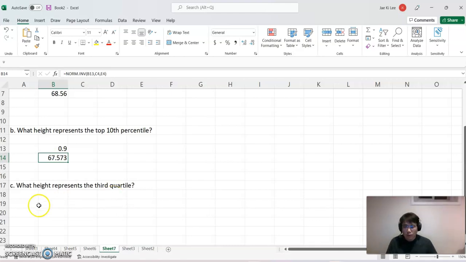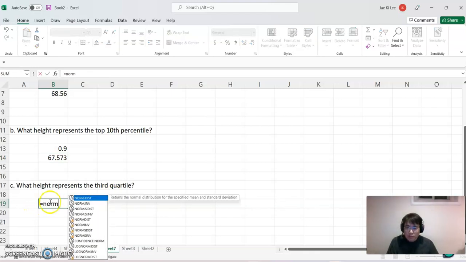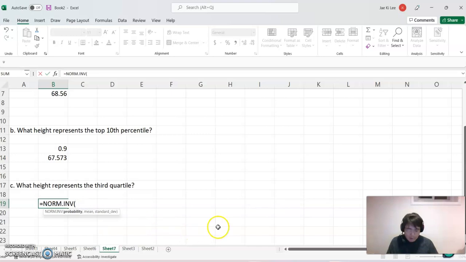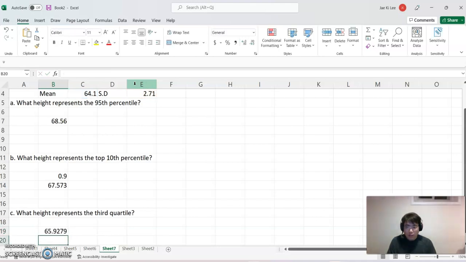Okay? Therefore, in this case equal to NORM.INV and just put 0.75, comma, our mean value, comma, the standard deviation, and then enter. Then maybe make it 2 decimal digits. Yeah.